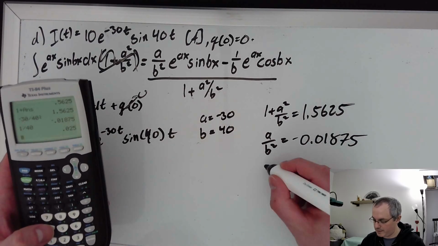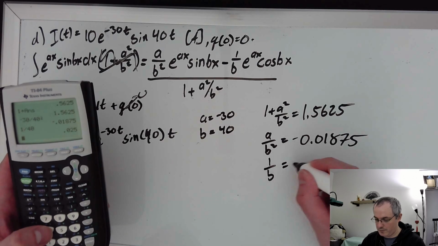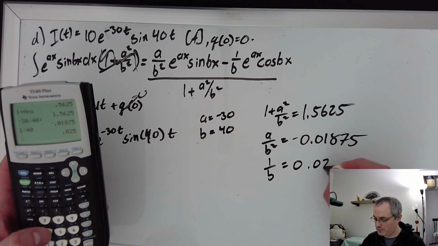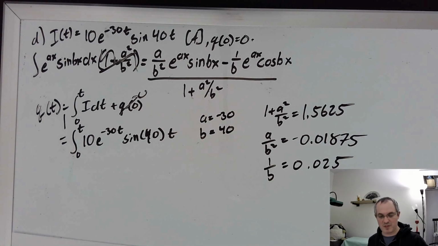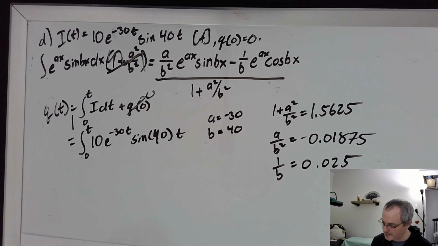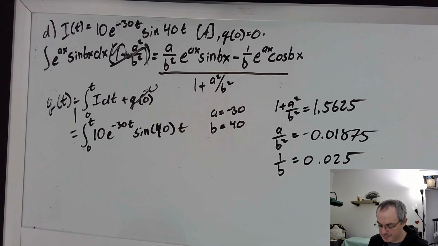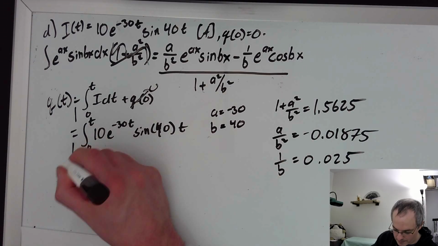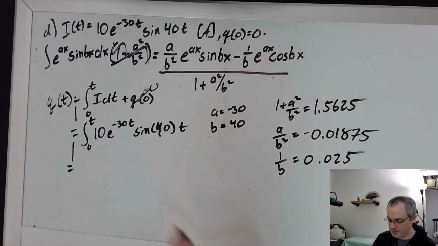We'll do that at the end. 1 over b will be 0.025. We'll just fractionalize it at the end. That's the technical term. Okay, so this integral just becomes this thing, which we have these values for right now.